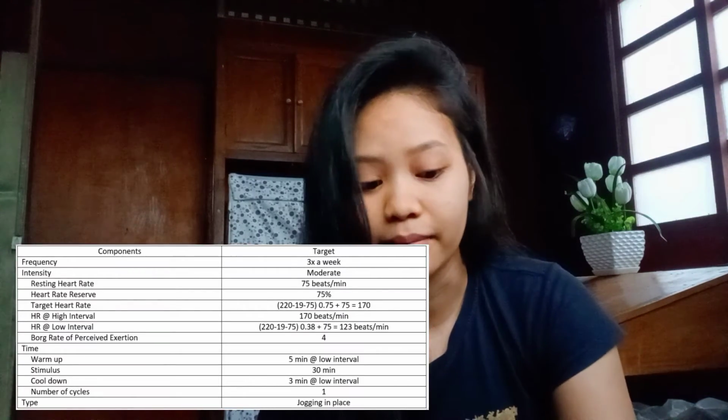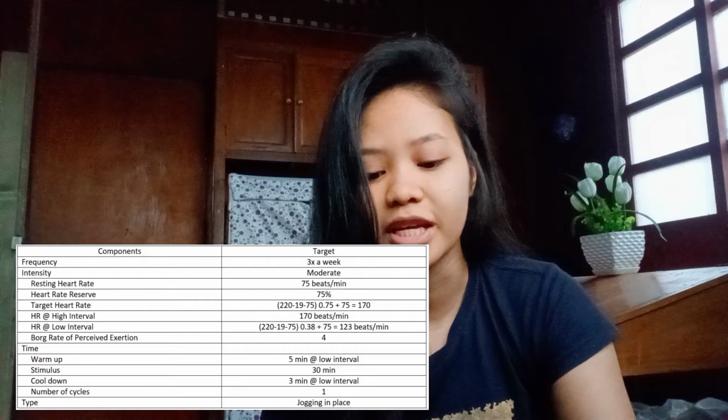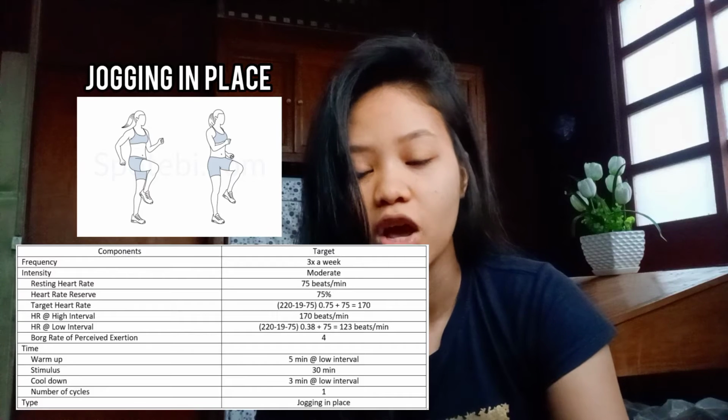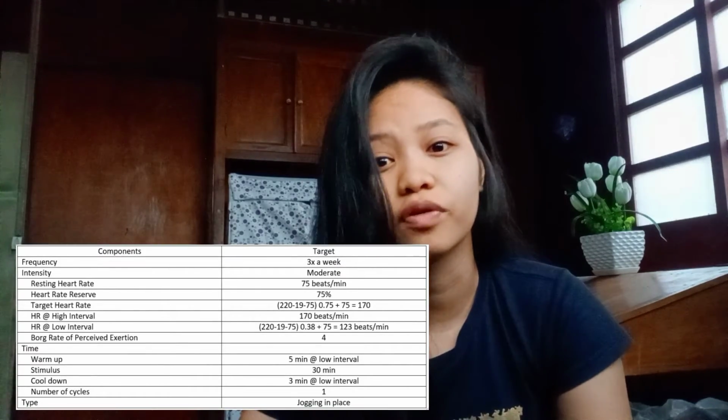Now, the time for warm-up will be 5 minutes at low interval and the stimulus will be 30 minutes. That means I am going to do the exercise for cardiovascular conditioning within 30 minutes, and since it is moderate, I am not going to stop the exercise for the whole duration of 30 minutes.